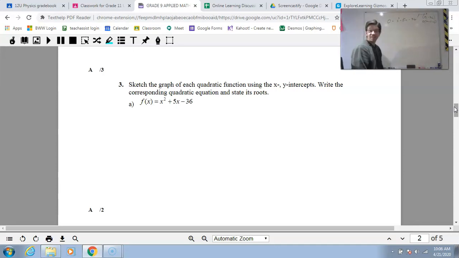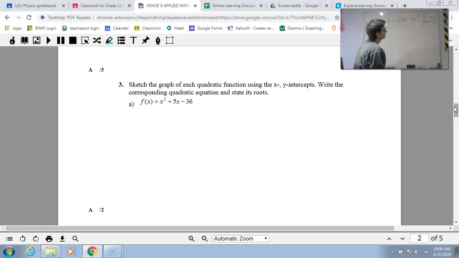Alright, so all I need is the x-intercepts. So we could try and factor it, or if you prefer the quadratic equation, that's fine too. If we were to try and factor it, well, let's see, you could look at maybe 12 and 3. That doesn't seem to work. Those two numbers don't add to give you 5.